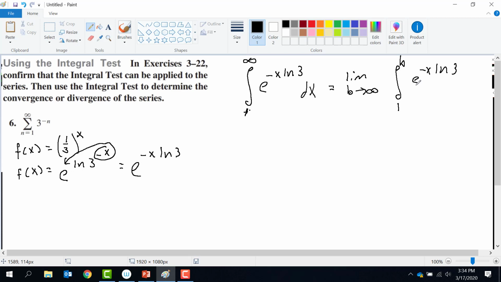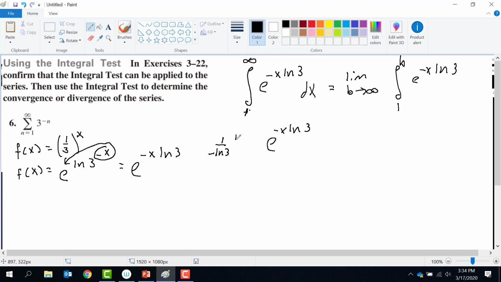This is just like integrating e to the 5x. If it was e to the 5x, you would say the antiderivative would be e to the 5x, divided by the 5. Here it's e to the negative x natural log of 3, and you divide by the negative natural log of 3. So you have a factor of 1 over the negative natural log of 3.